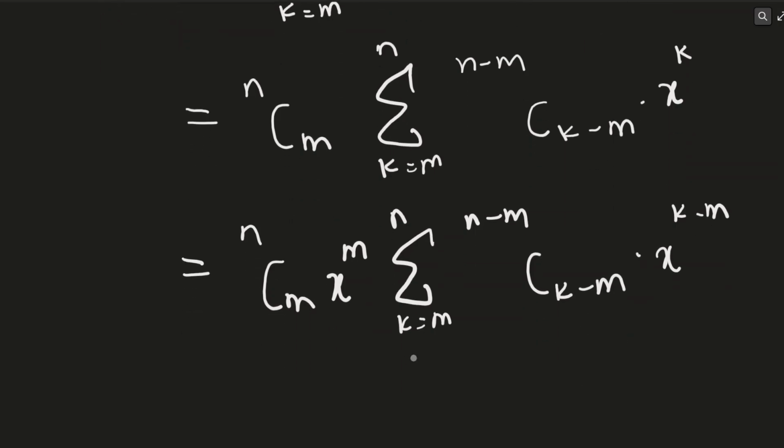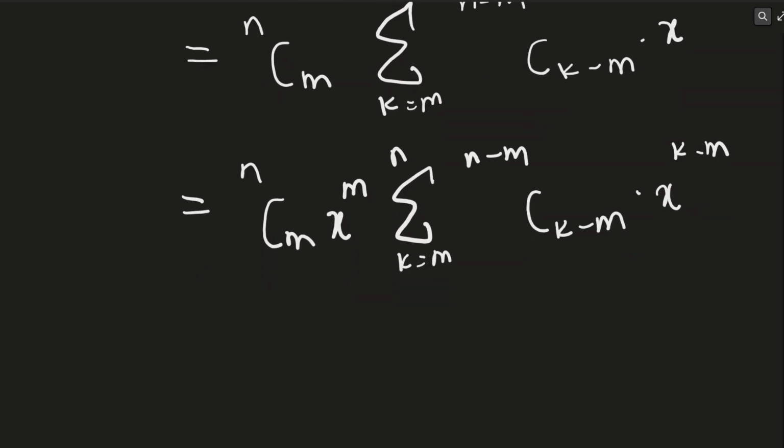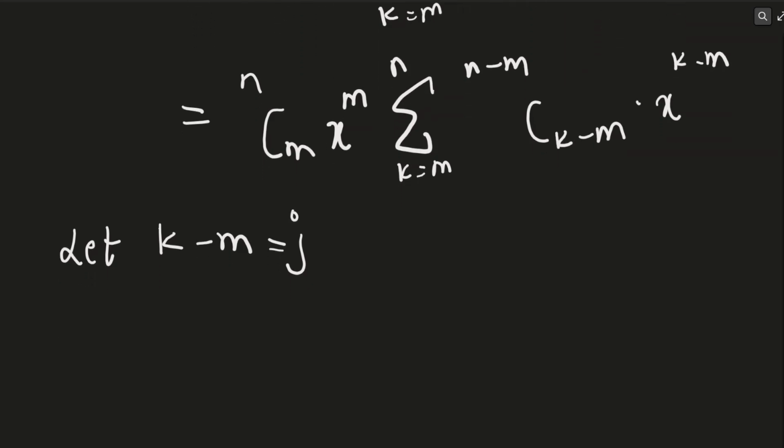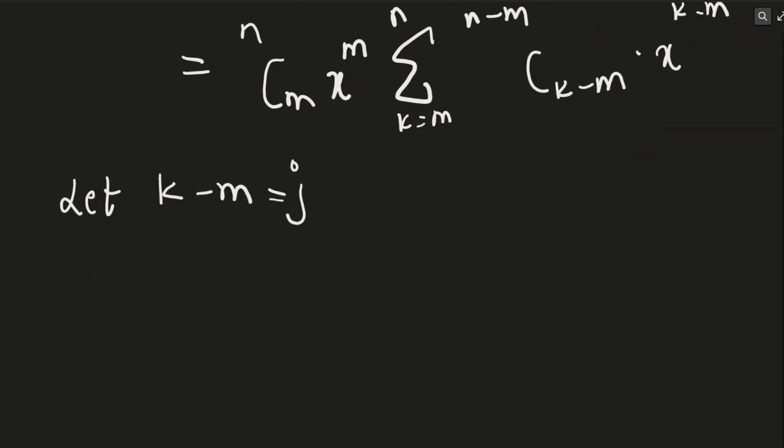Now this is nothing but 1 plus x to the power n minus m expansion. Just to make it simpler, let's assume k minus m as j, and now if we see the summation, the limits, I'll just write it over here.